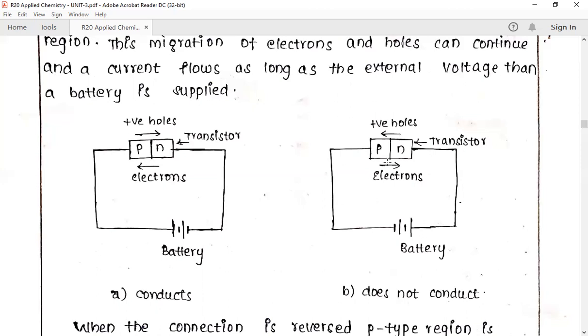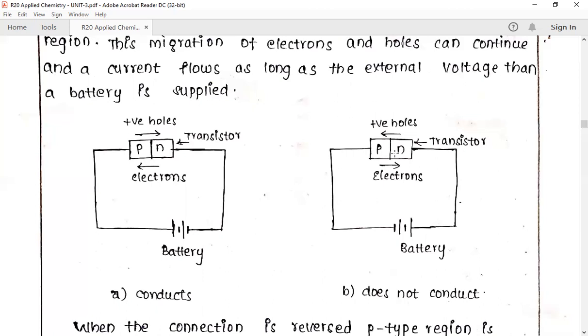That means if the voltage is applied to the semiconductor diode, no current flows. The reason for this is that the holes are attracted towards the negative potential, and the electrons are attracted towards the positive potential. Both are moving away from the junction.